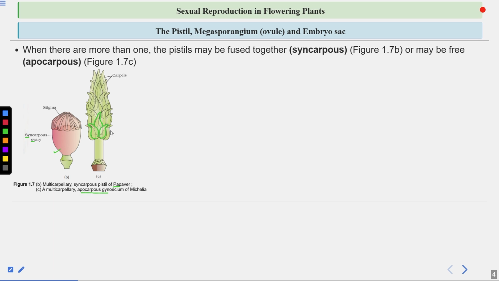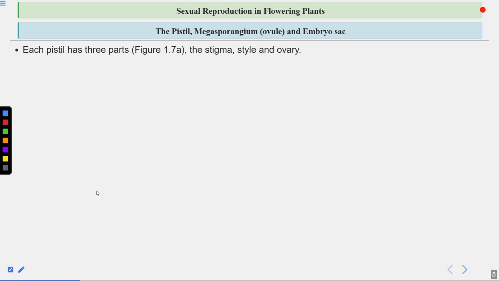They are not united, and that condition is called the apocarpous condition. An example of the apocarpous condition is Michelia champaca. So, syncarpous: Papaver somniferum; apocarpous: Michelia champaca.